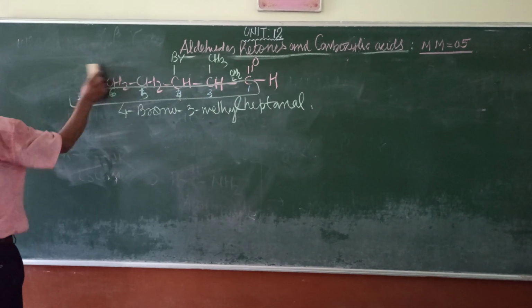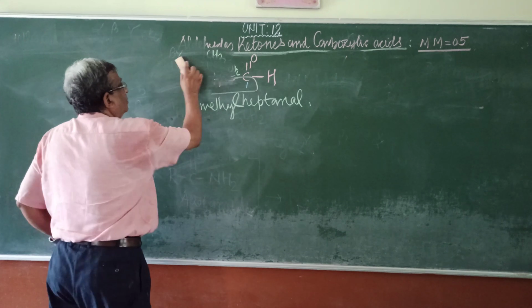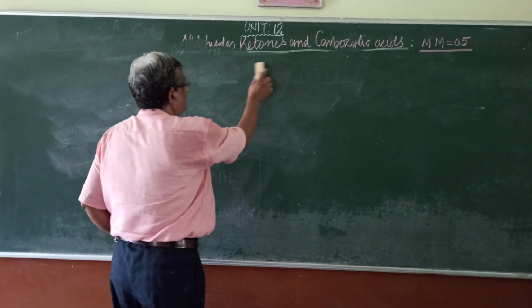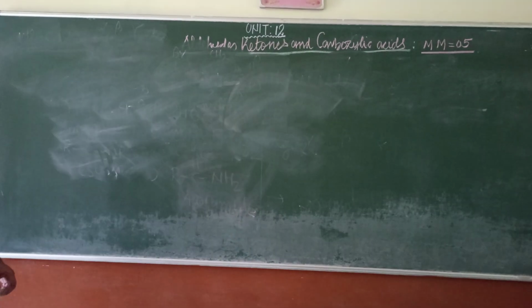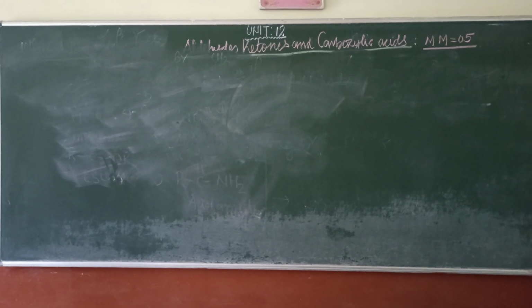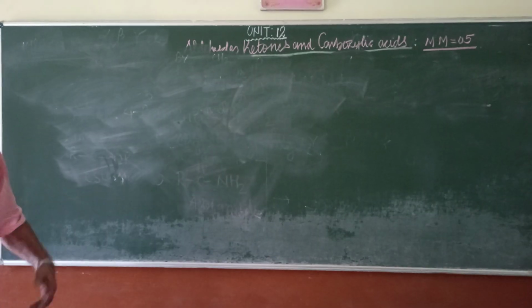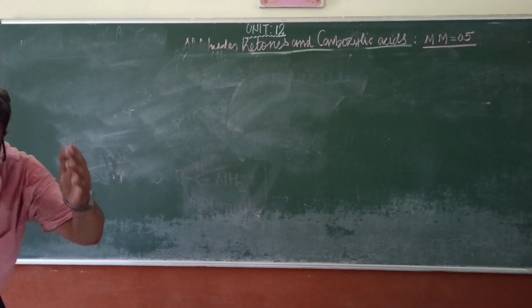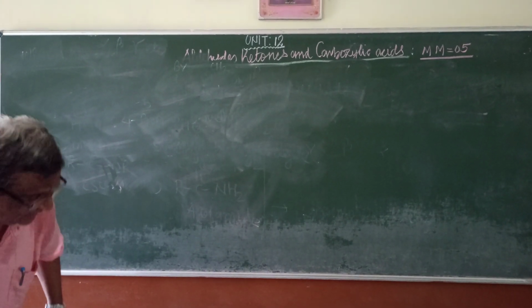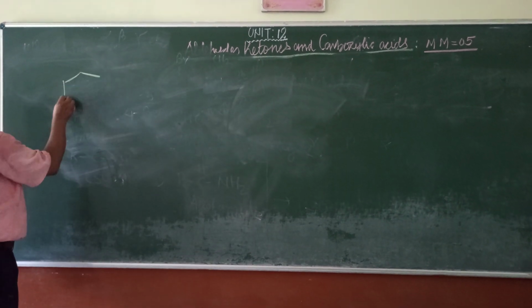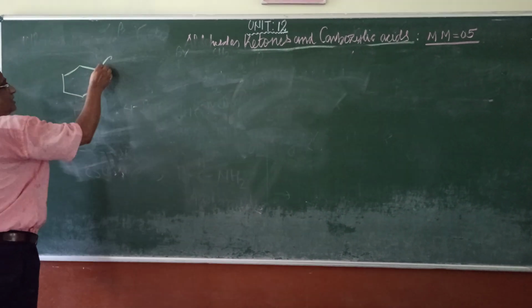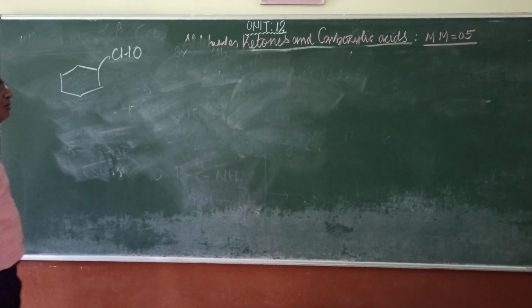Then, remember please, coming to aromatic aldehydes. Remember one thing, when the aldehyde group is directly attached to the ring, the suffix carbaldehyde is added to the full name of the hydrocarbon. For example, I have this structure, I write here CHO.